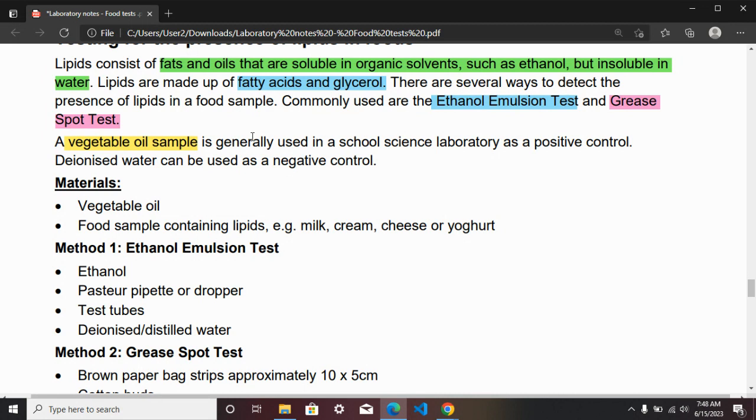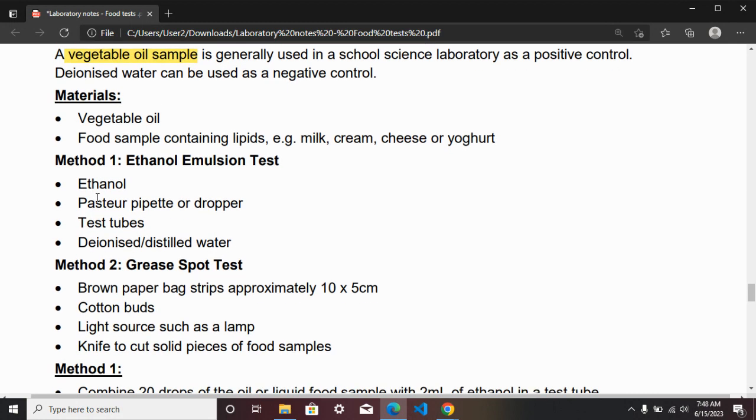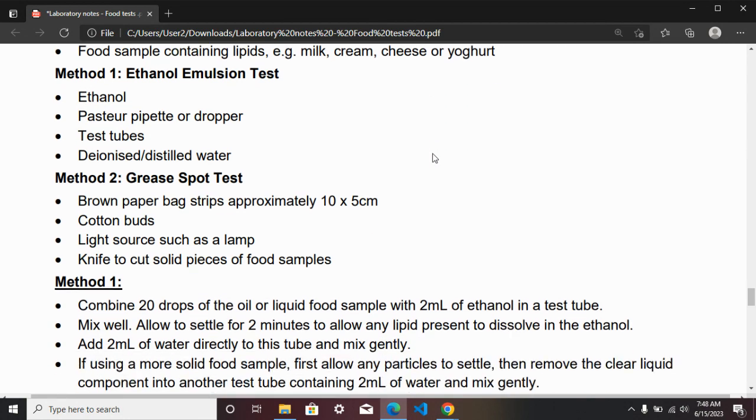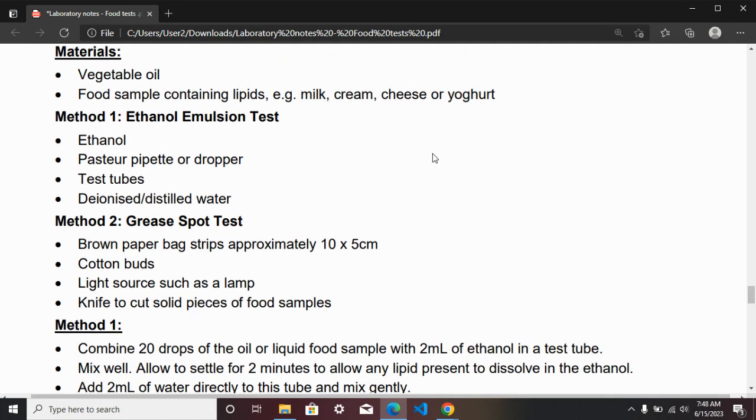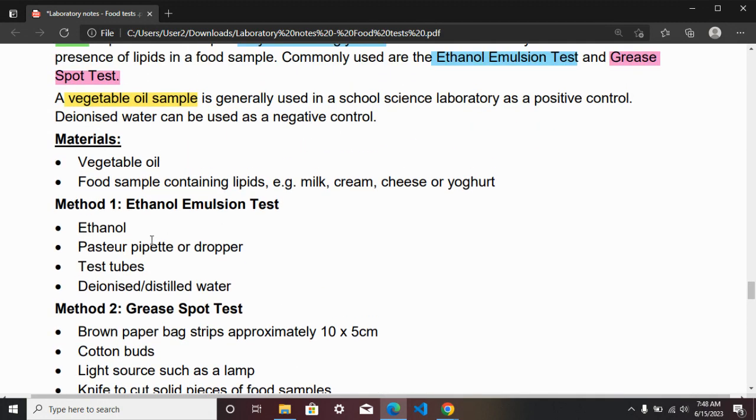It is generally used in school science laboratories for positive control. We also use food samples containing lipids like milk, cream, cheese, or yogurt. In the ethanol immersion test, we will take ethanol, a pasteur pipette or dropper, test tubes, and distilled water.